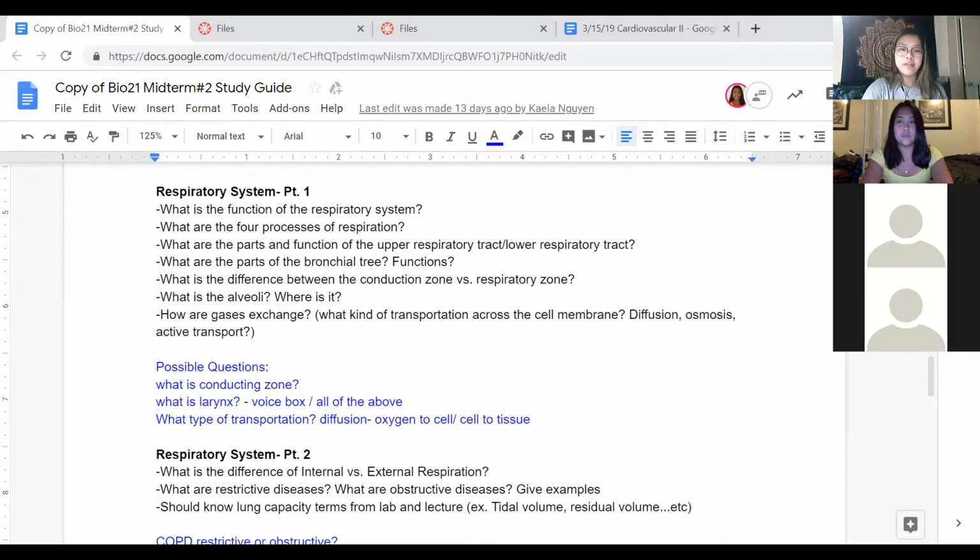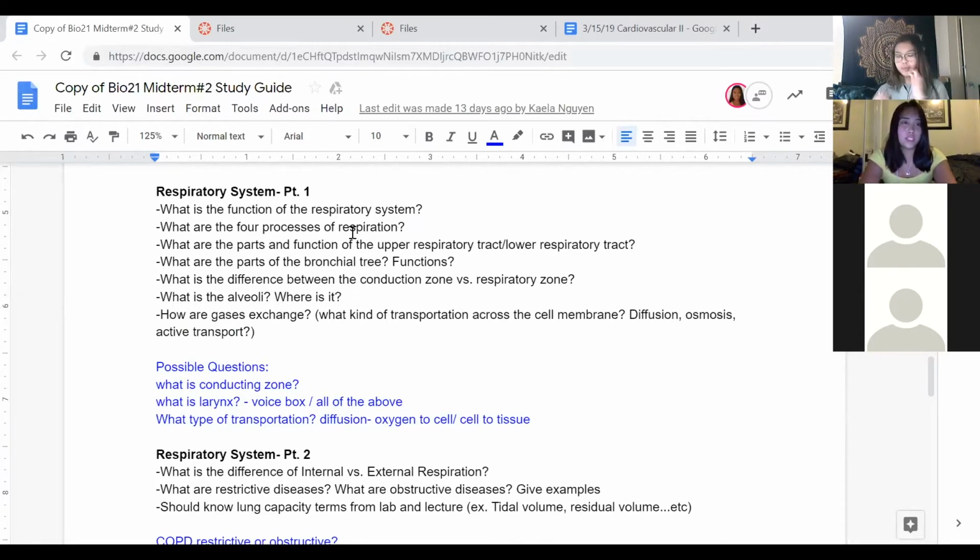What is the main function of the respiratory system? The respiratory system involves your lungs, right? It's where you need to take in oxygen and let go of the toxins inside of your body. So you're going to take in good air, breathe out bad air.